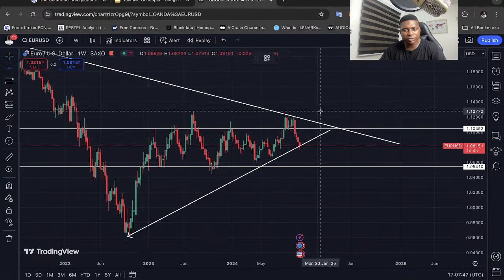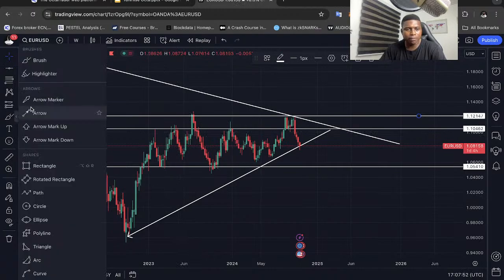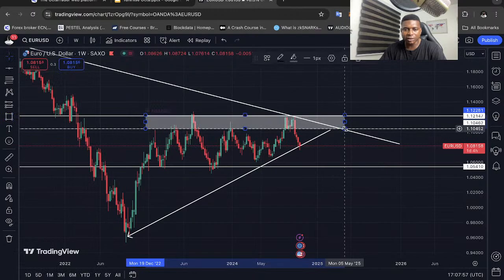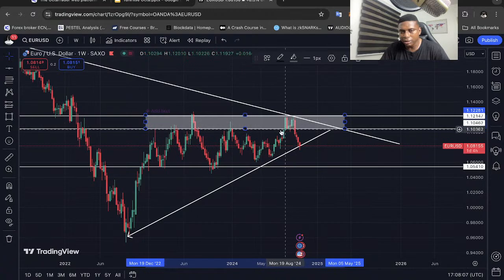Now we can clearly see that this level right here is acting as a very solid resistance zone, because price moved into it and was pushed backward, and you can see how price dropped further from this level.